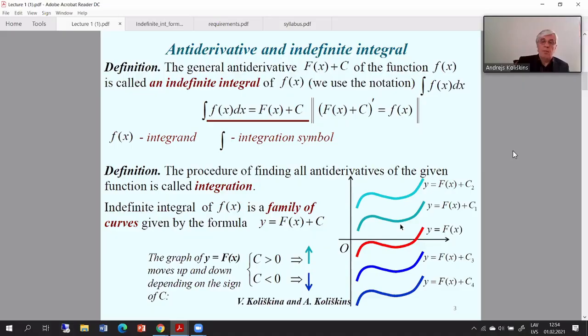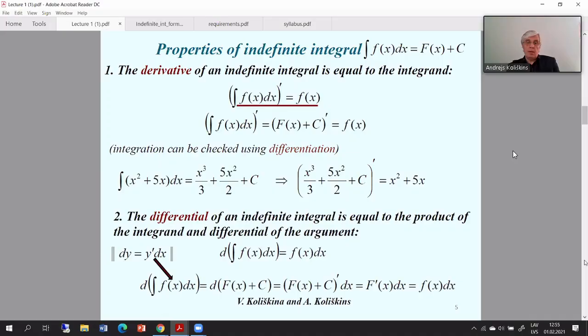Now, let us look at some important properties of indefinite integrals. So first of all, these operations, integration and differentiation, are kind of inverses of each other. So if you differentiate the integral, you will get the integrand. And the way to prove it is very simple.